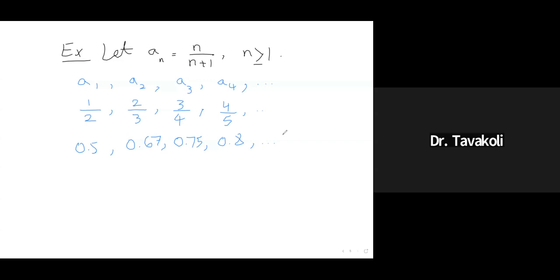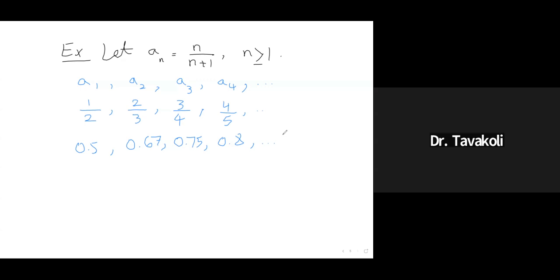So we see that as n becomes bigger and bigger, these numbers are growing. Of course, they cannot exceed 1 because n is always less than n plus 1, so that fraction cannot pass 1.